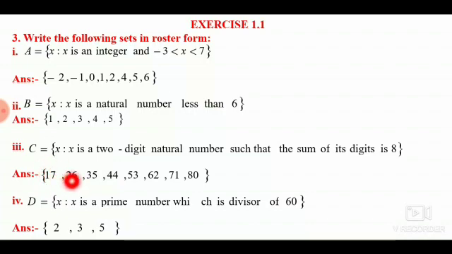The next number is 26, whose digit sum is 8. Then 35, 44, 53, 62, 71 and 80. Now these elements are listed and separated by commas. Therefore, such form is called a roster form, and the given form is called a set builder form.